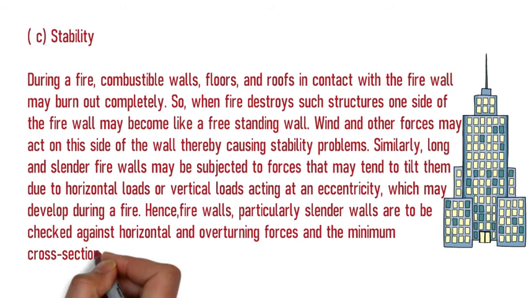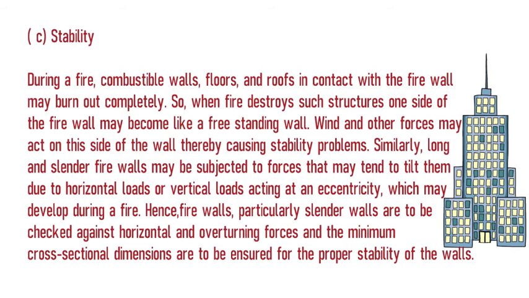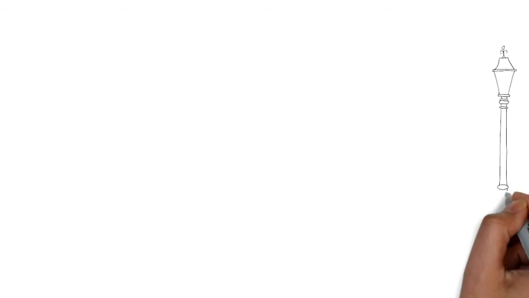Wind and other forces may act on this side of the wall, thereby causing stability problems. Similarly, long and slender firewalls may be subjected to forces that may tend to tilt them due to horizontal loads or vertical loads acting at an eccentricity which may develop during a fire. Hence, firewalls, particularly slender walls, are to be checked against horizontal loads and overturning.